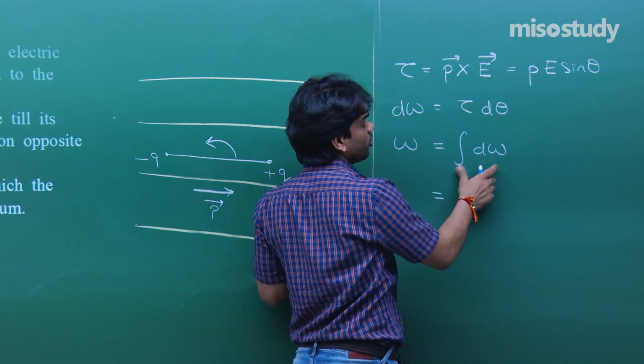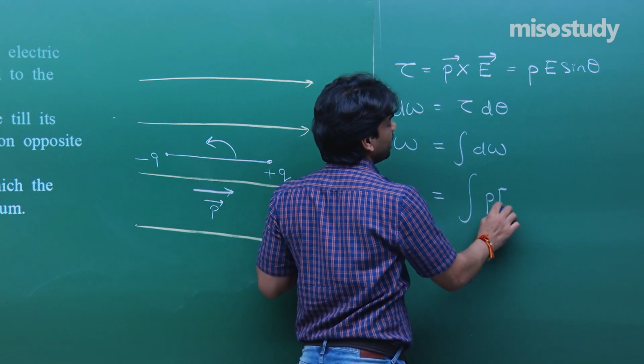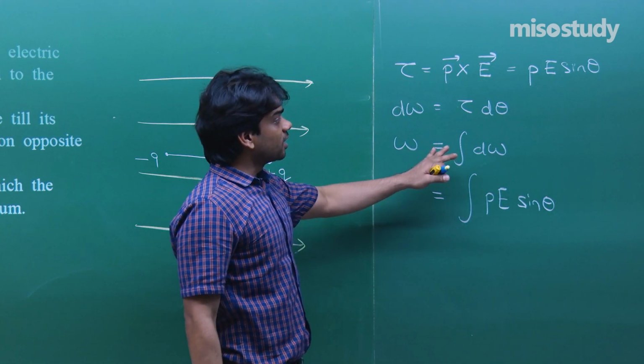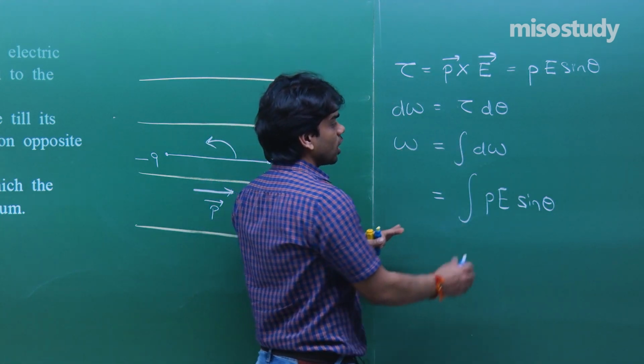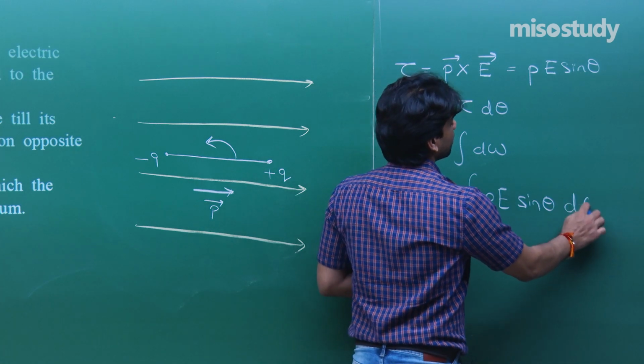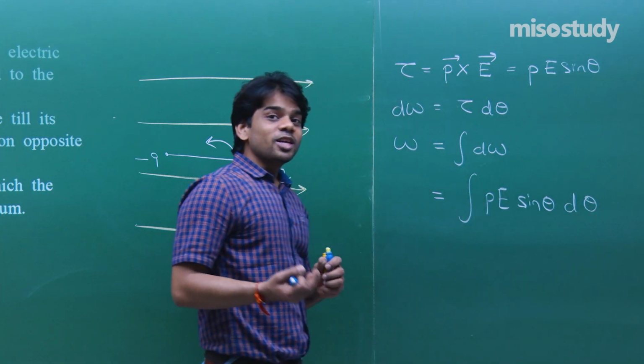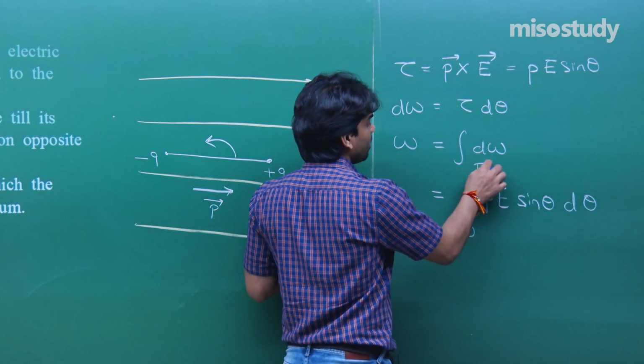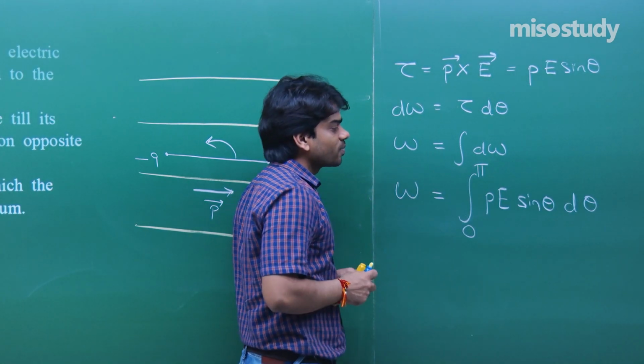So the integration of dW is PE sin theta d theta, with limits 0 to pi, and the work done I will be obtaining here.